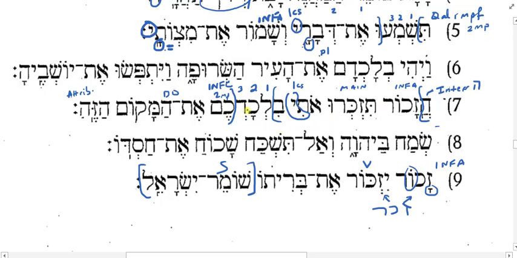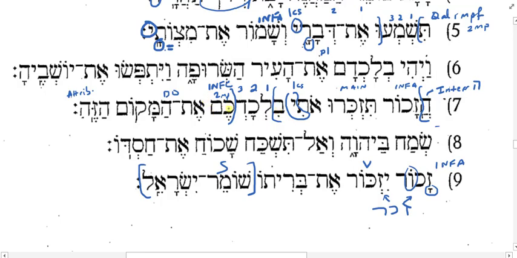Well, if you think it's some other verb form, you're going to have a hard time making sense of attaching a preposition bet to it, because we don't attach the preposition bet to any other verb forms, do we?